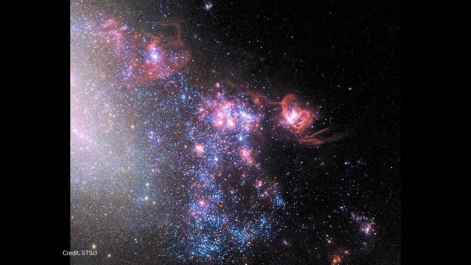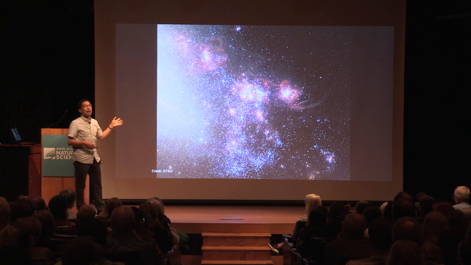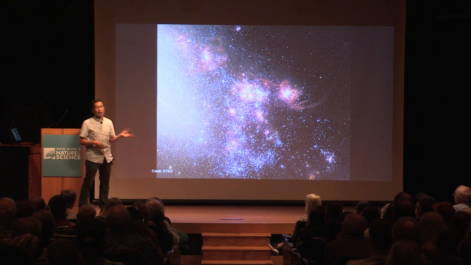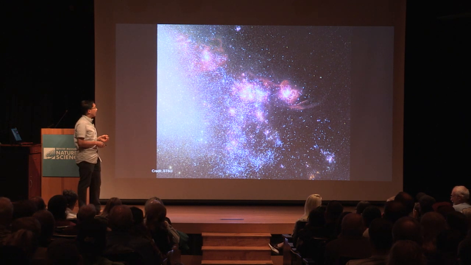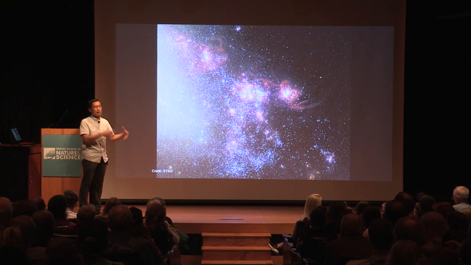And then a subset of the theorists are the ones who use computer simulations to further simulate these phenomena. And so I'm going to show a few videos of one of these simulation groups. What we're going to see is basically how galaxies form from the Big Bang forward to the present.